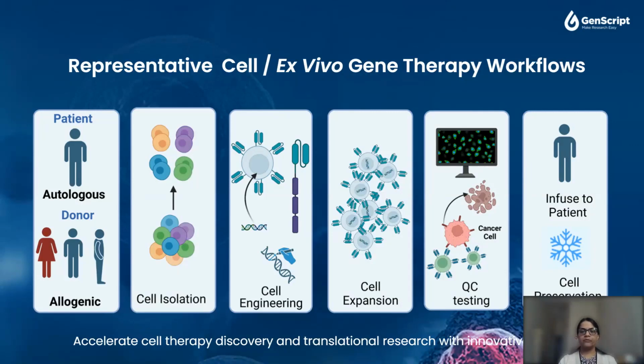Another very important step is cell engineering, or genetic modification of the desired cell, where selected cells are modified to enhance anti-cancer properties using viral or non-viral platforms. Throughout all these steps, various quality control measures, safety assessments, and regulatory compliance checks are performed to ensure the safety and efficacy of the cell therapy.